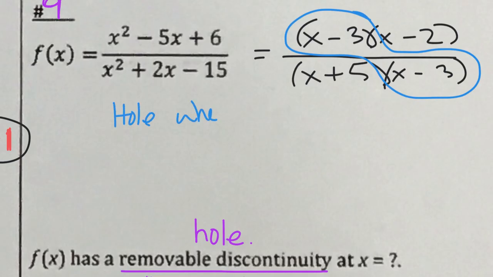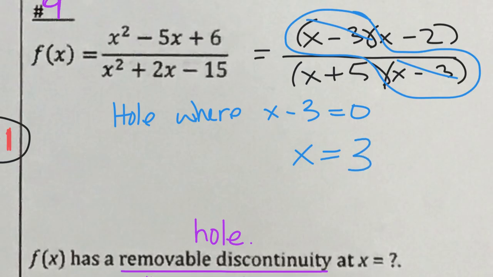So we're going to have a hole, which is a removable discontinuity, where x minus 3 equals 0. Okay? So whatever factor cancels or divides out, that is the factor that's going to give you your removable discontinuity, which is at positive 3.